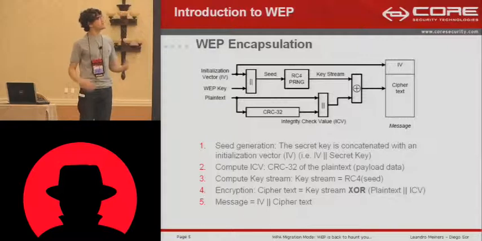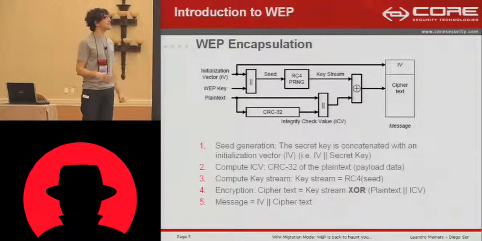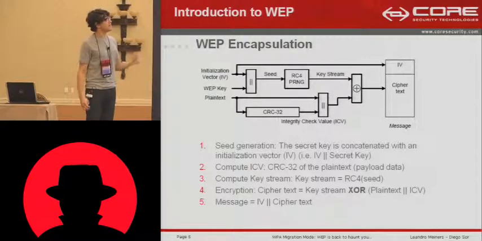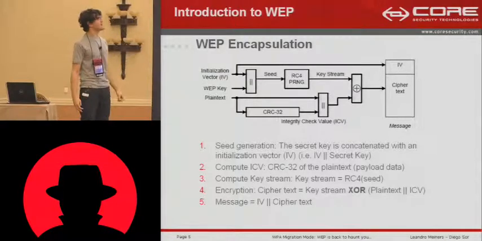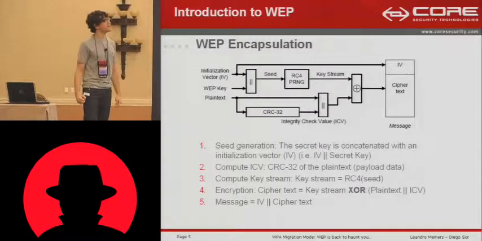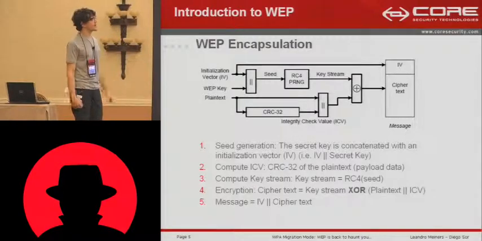So the key stream is the encryption material that we are going to XOR with the concatenation of the plain text and the ICV. So from there, we get the ciphertext.